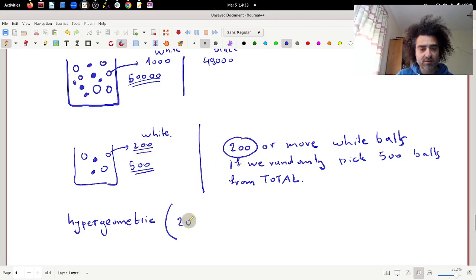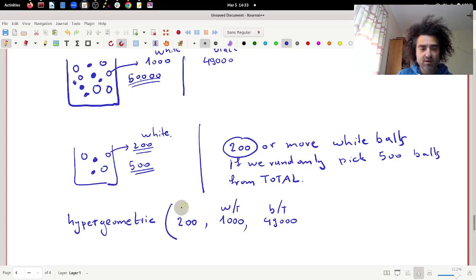We got 200. And the second one is the number of white balls that exist in total, which will be 1000. The third one is the number of black balls in the total.